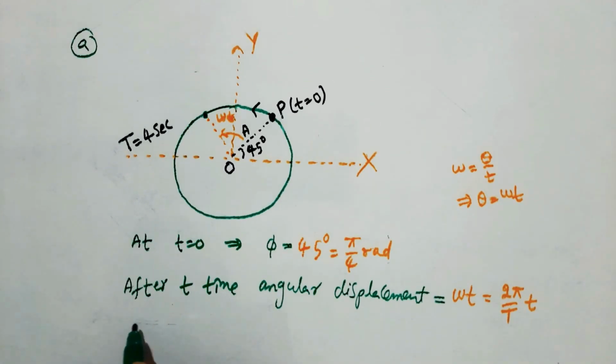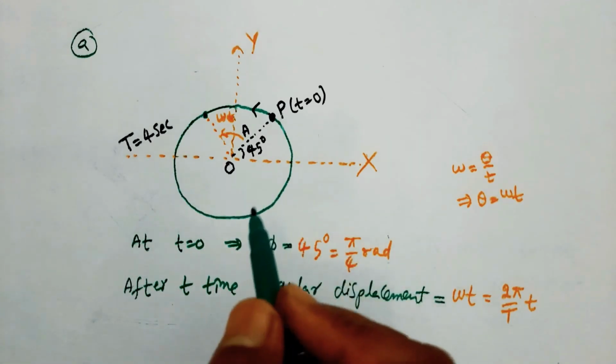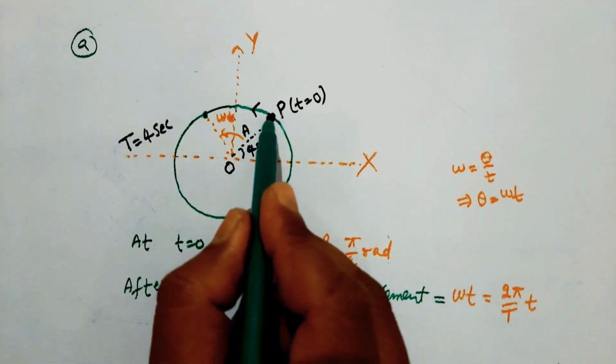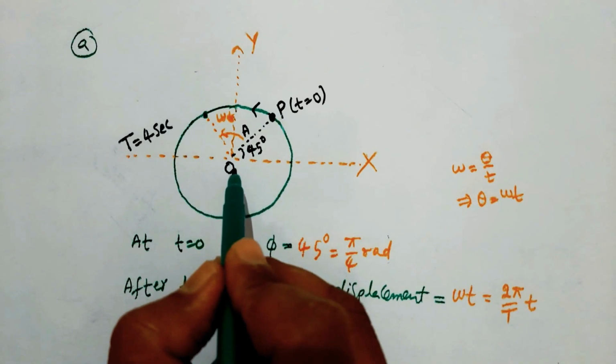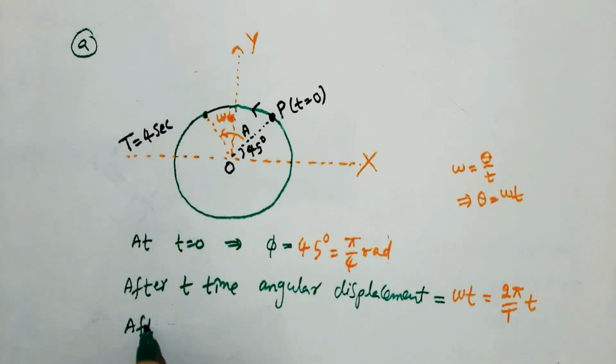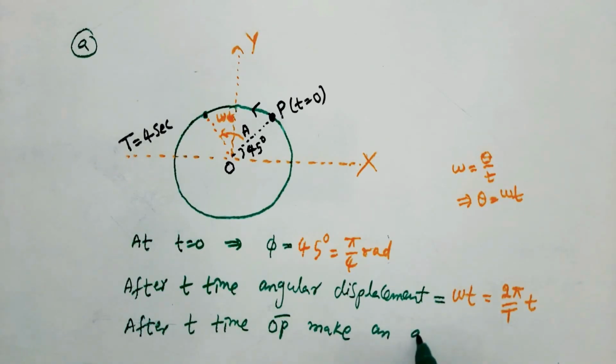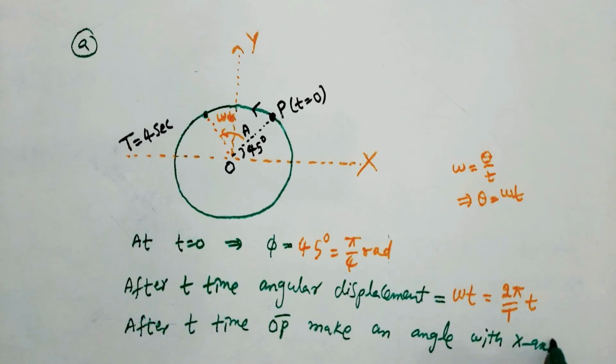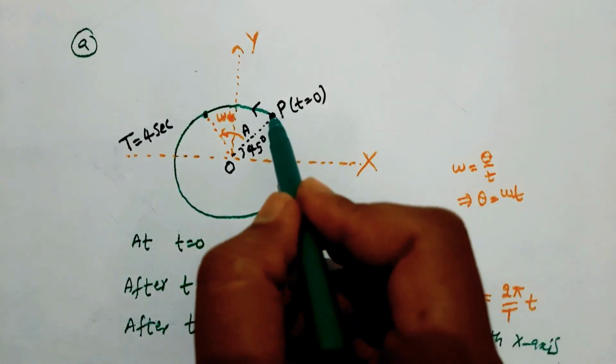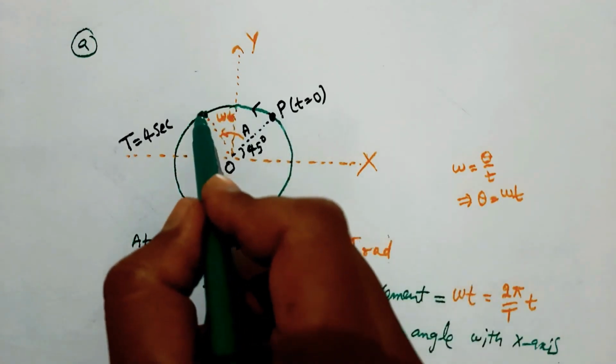After t time, the position vector OP bar makes an angle with the x-axis, so it is how much? See, after t time, the particle is here.